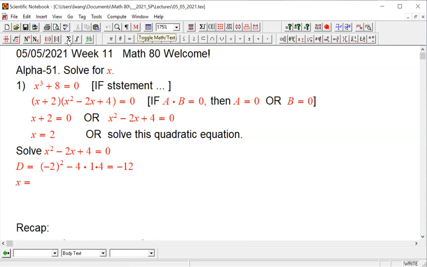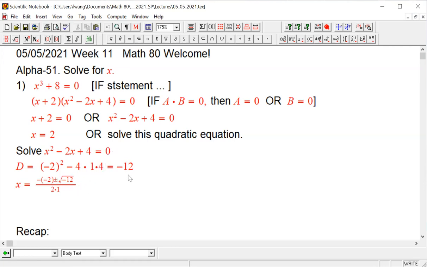So x equals, 2a in the denominator, 2 times 1, and negative of negative 2, plus minus square root of negative 12.